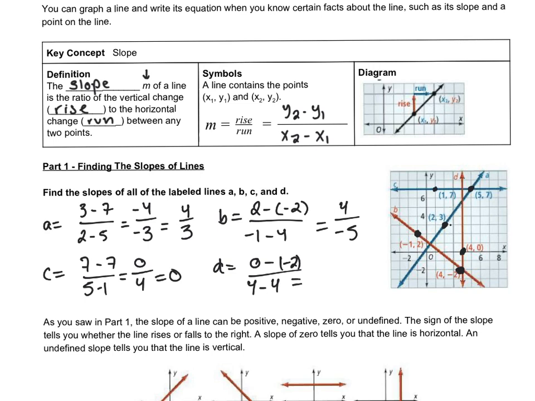So 0 minus negative 2 is positive 2. 4 minus 4 is 0. Well, this is undefined. So if our slope is undefined, then our line will be vertical, like line D.